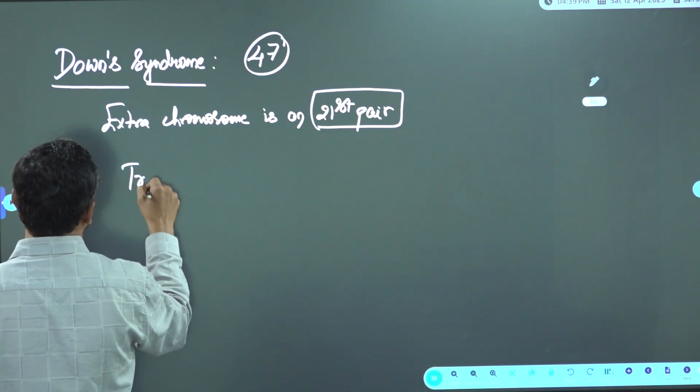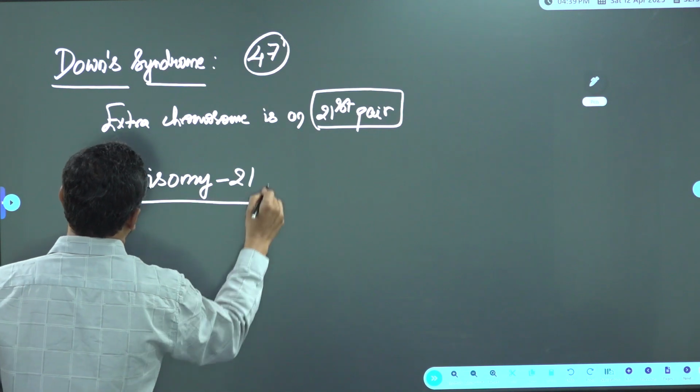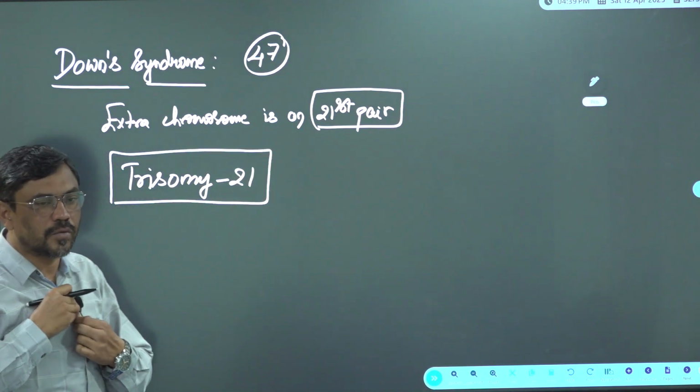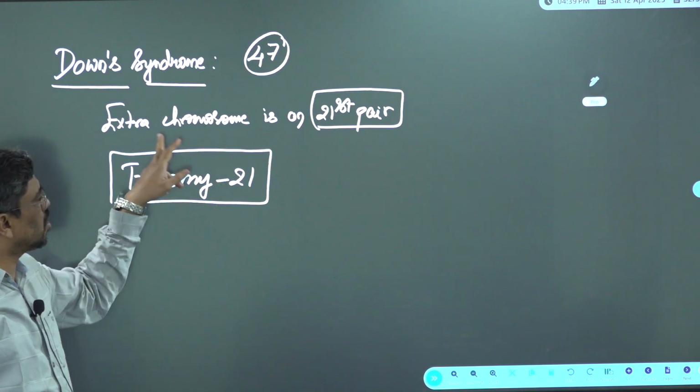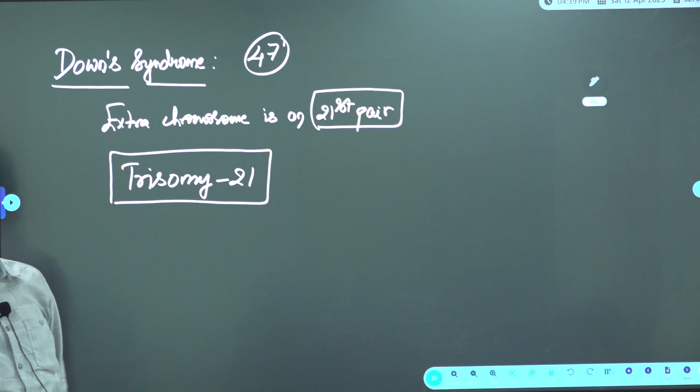So this condition is called trisomy 21. So in Down syndrome, what is the number of chromosomes? 47. The extra chromosome is on the 21st pair, so this condition is called trisomy 21.